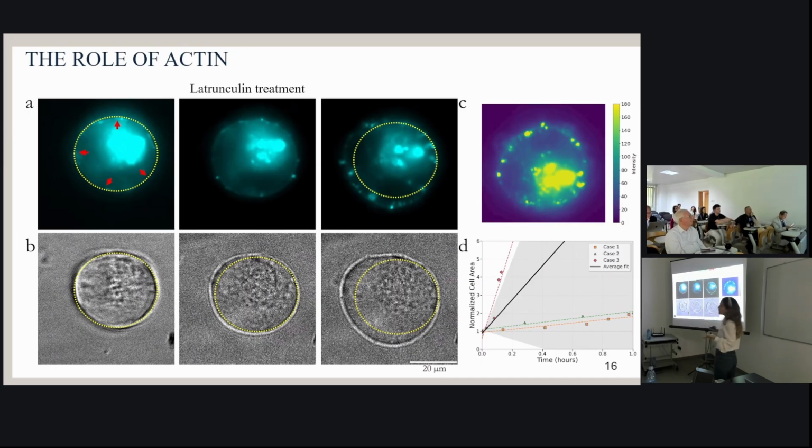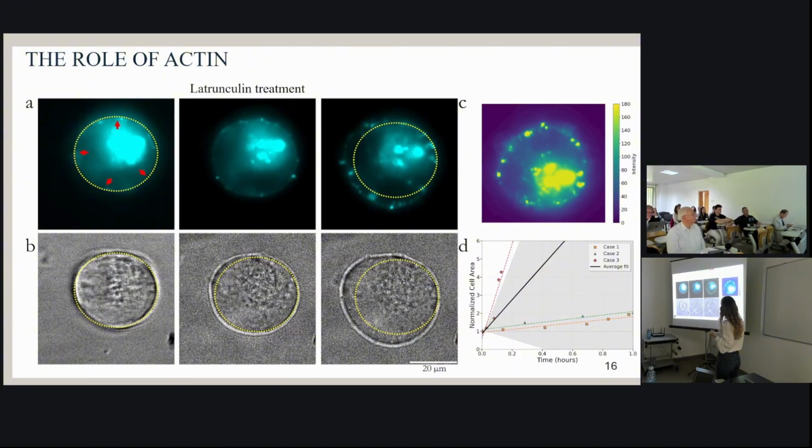When we treated the cells with latrunculin, a drug that inhibits the polymerization of actin, we saw that the cells lose the capacity to form this structure and just adopt a soft, globular morphology.